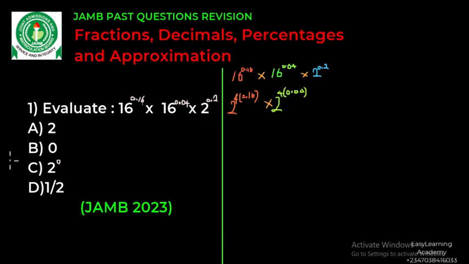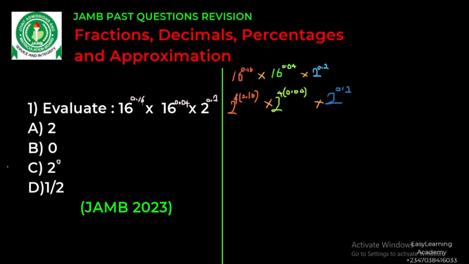For the next one, which is 2, it is already in the base we are changing to, so we keep it there. 2 raised to power 0.2, everything remains.